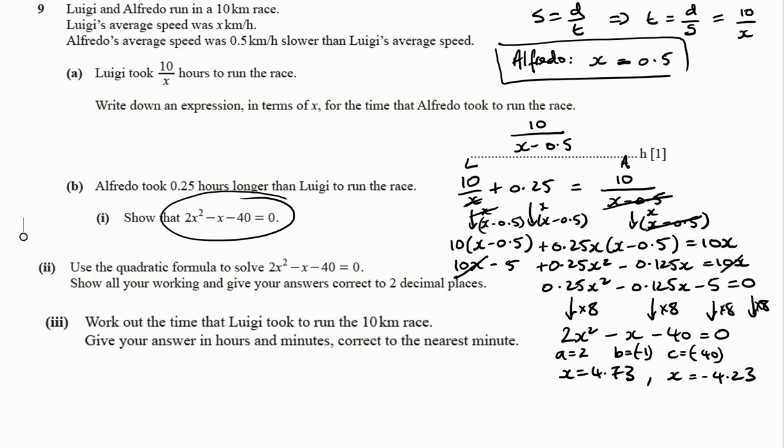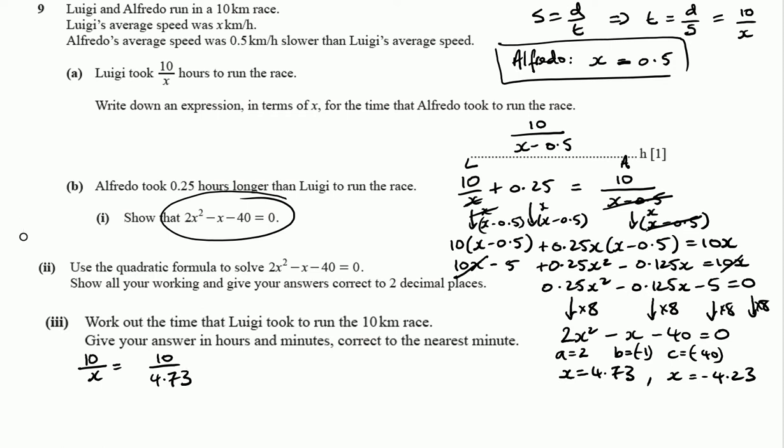Now we need to work out the time that Luigi took to run the 10-kilometer race, giving our answer in hours and minutes, correct to the nearest minute. So Luigi took 10 over x hours to run the race. 10 over x is equal to 10 over 4.73.